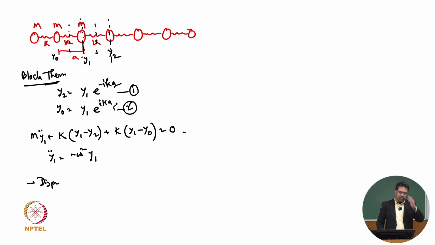Now let's assume that we are cutting the mass by some proportion and try to get the solution. I am taking the mass, let's say this is alpha times m with the spring k, and this portion will be 1 minus alpha times m. Once it is lambda times m and 1 minus lambda times m, you repeat that.